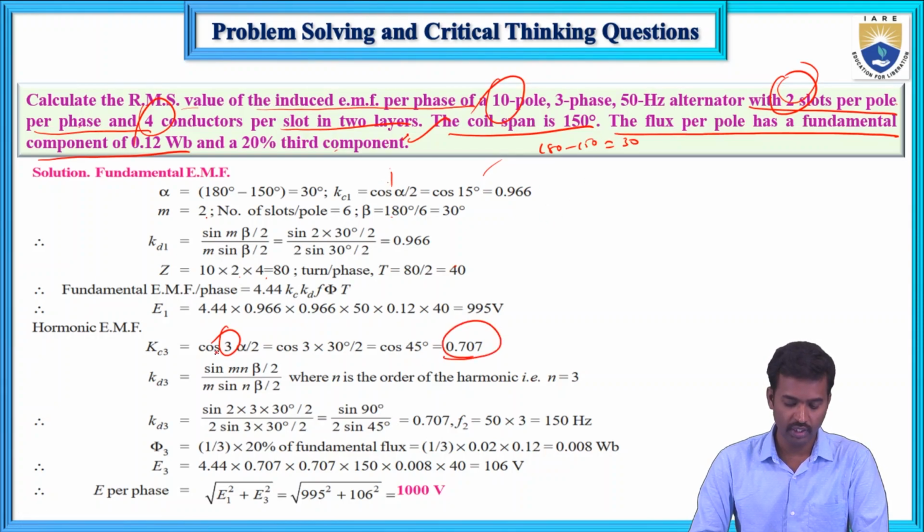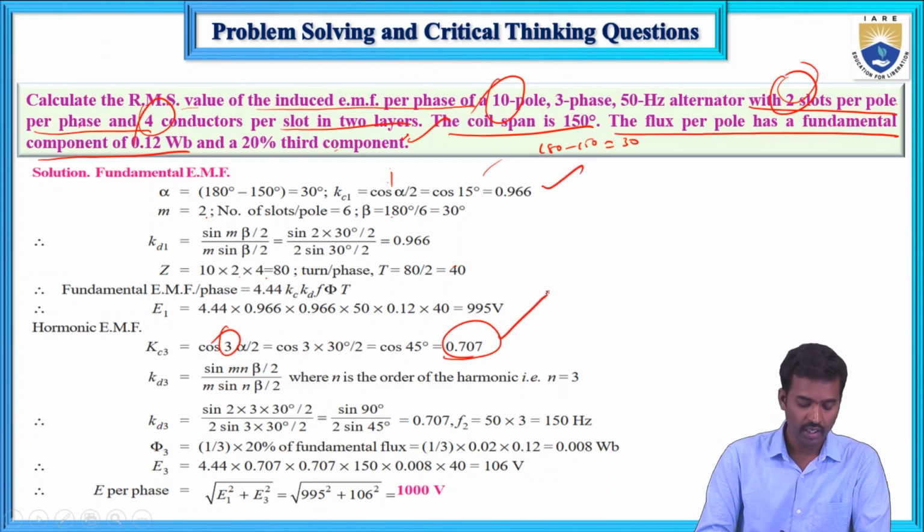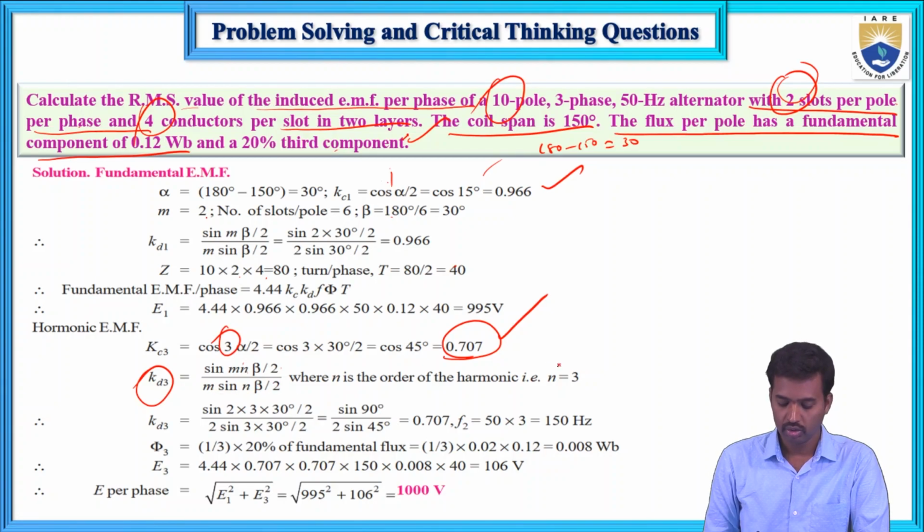Here it is 1, here it is 3, this value is 0.707. And this formula is also for the third harmonic: sine of m n beta by 2, the harmonic factor, over m sine of n beta by 2. Now n equals 3, substitute in this, and you will get the same 0.707.